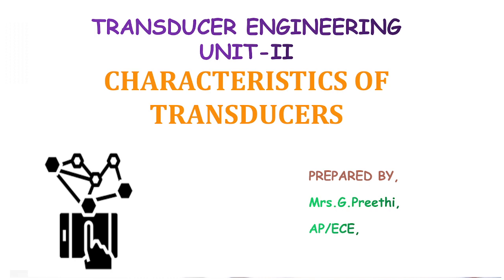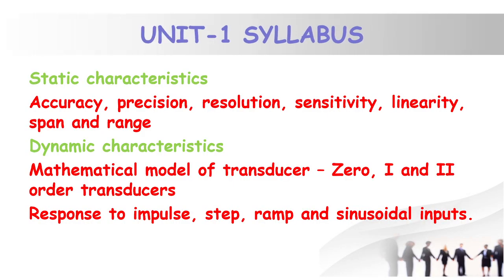So today we will see the characteristics of transducers. There are two different types of characteristics: one is static characteristics and another one is dynamic characteristics. In static, the characteristics are accuracy, precision, resolution, sensitivity, linearity, span and range.